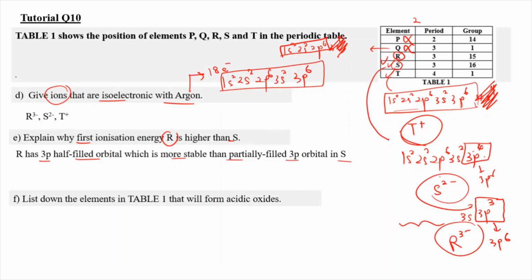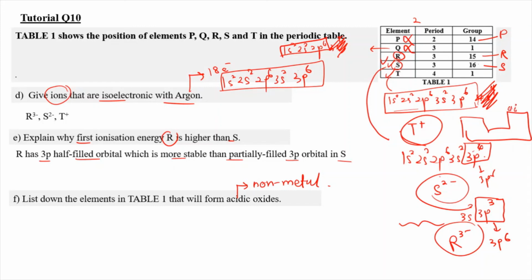Okay, and now we're going to list down the elements in Table 1 that will form acidic oxide. So acidic oxide here comes from the non-metal part. The non-metals here refer to groups P, R, and S. This is the periodic table, and group 13 is here.